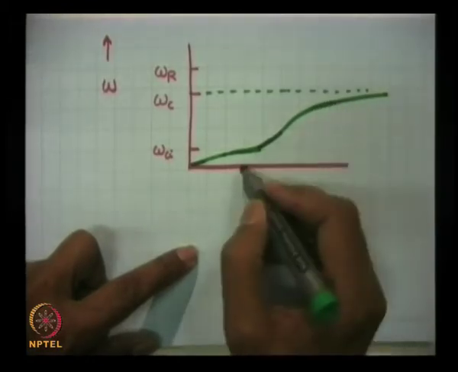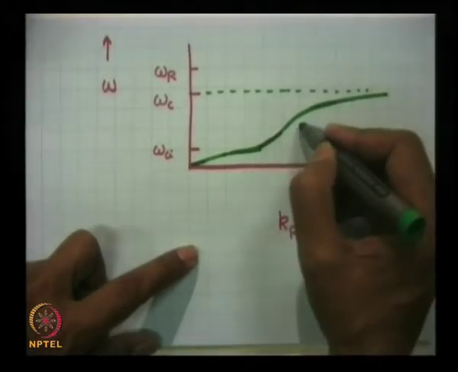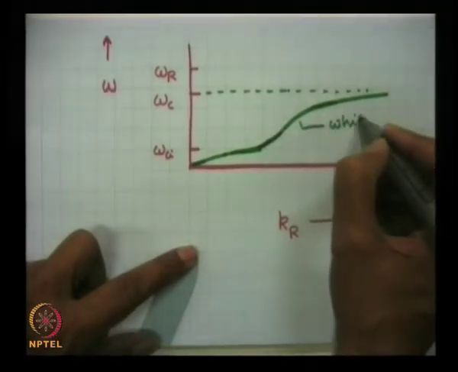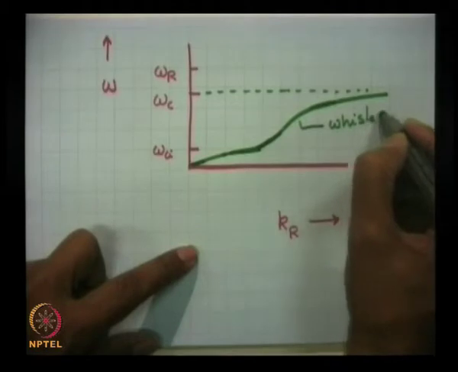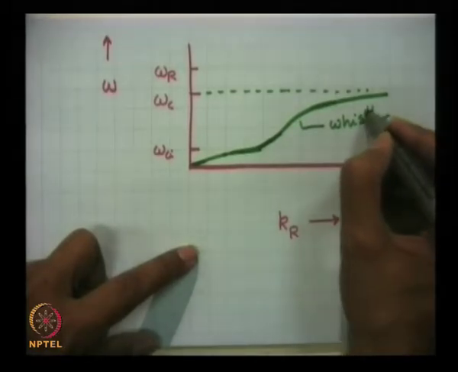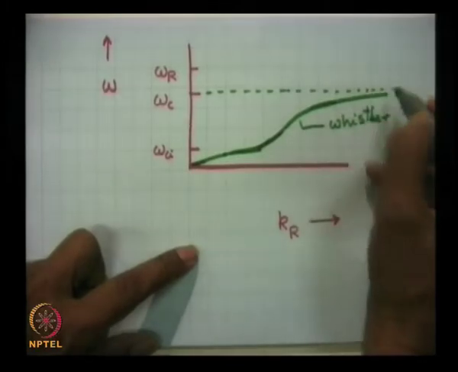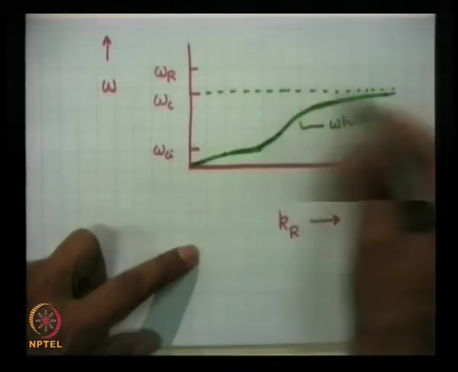This is the branch called Whistler, and this is the branch in the vicinity of electron cyclotron resonance.